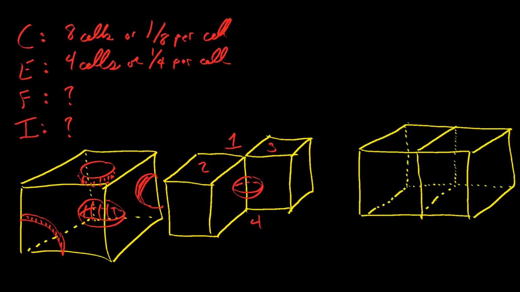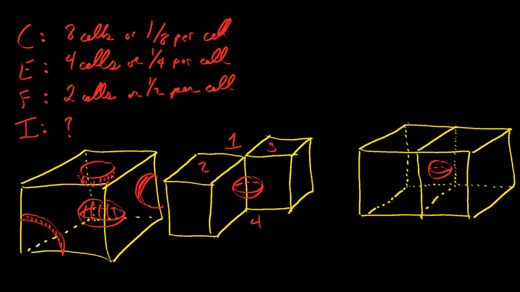Next up, we have the face case. That's a little bit easier. We just draw 2 cubes sitting next to each other. Okay, that one atom can only be shared between 2 cells if it's sitting on a face. So it contributes 1/2 of a sphere to the cell that it's sitting inside of.